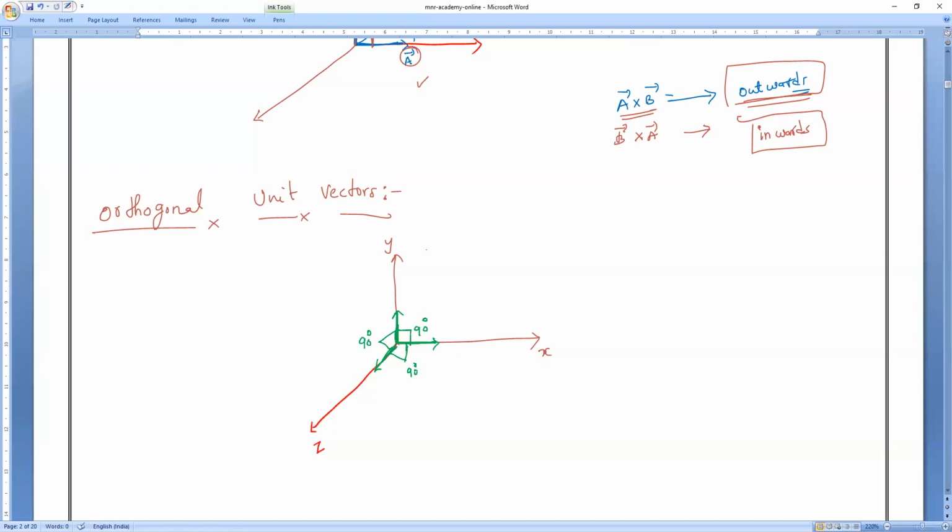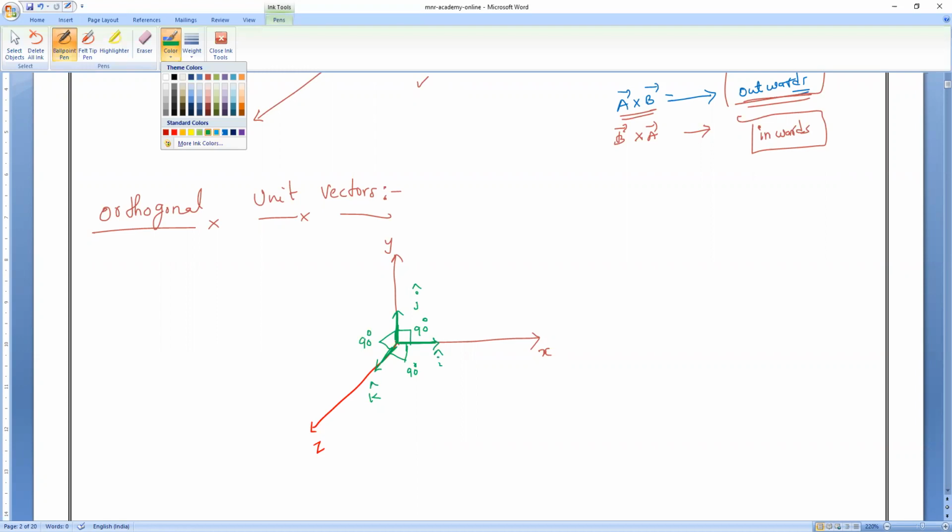The y-axis is represented with J cap, the x-axis with I cap, and the z-axis with K cap.